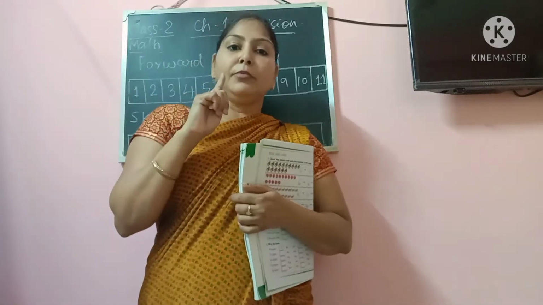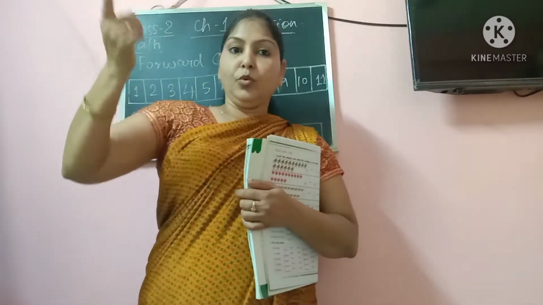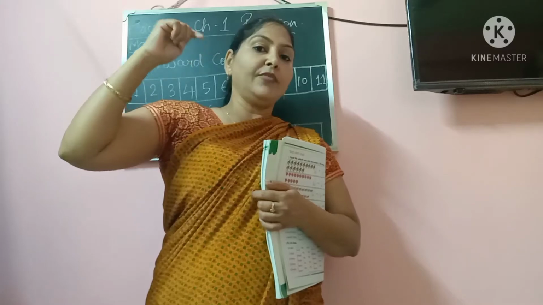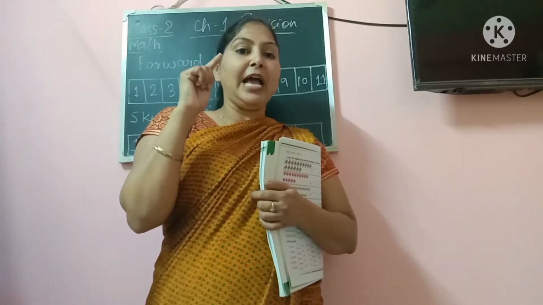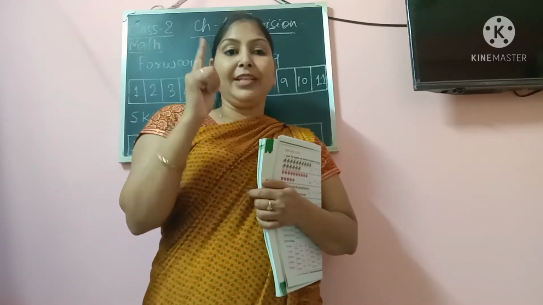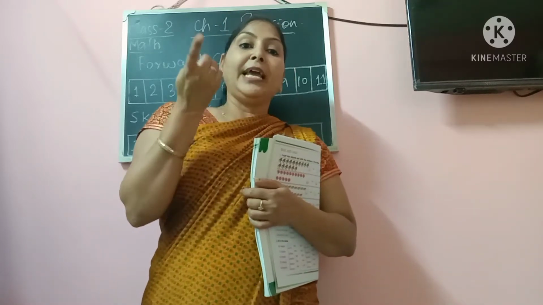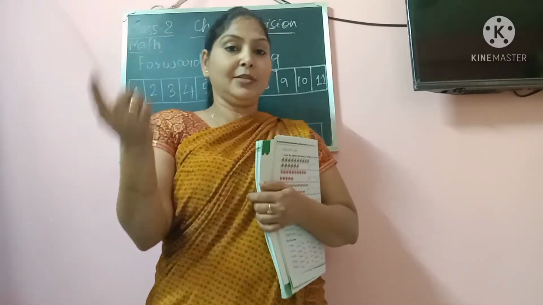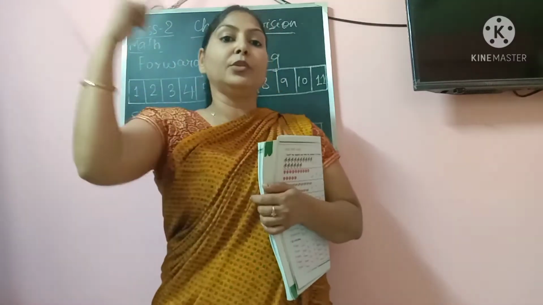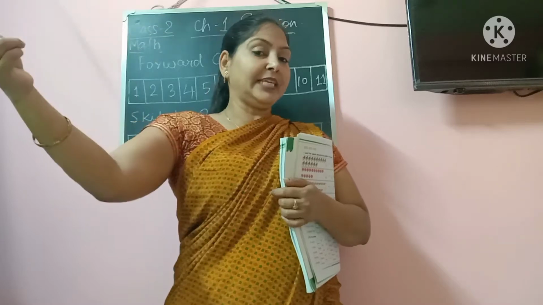So from 1, if I jump 2 numbers, what will be the next number? I will add 2 with 1. So 1 plus 2 becomes 3. So 1, 2, 3. 2 numbers I have skipped.